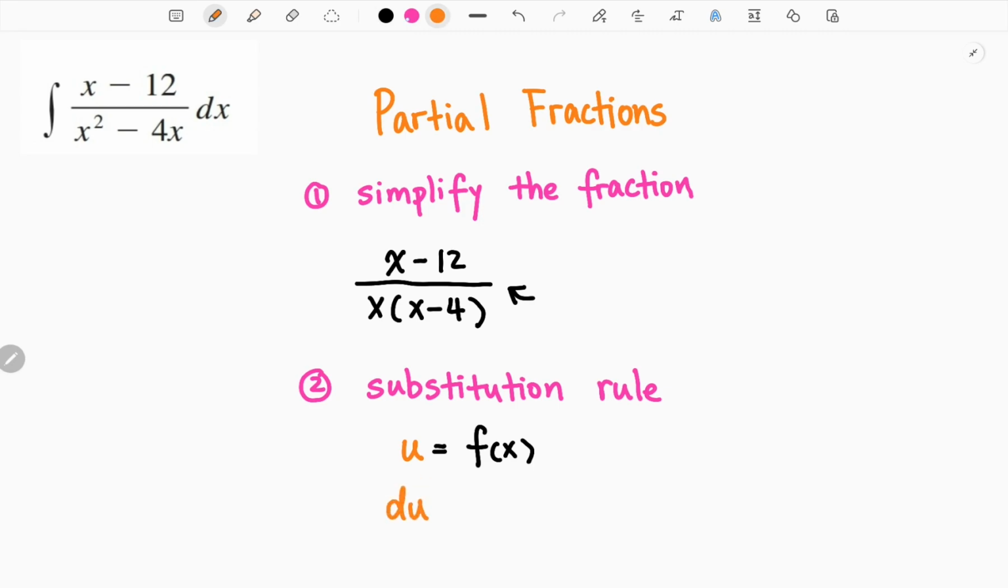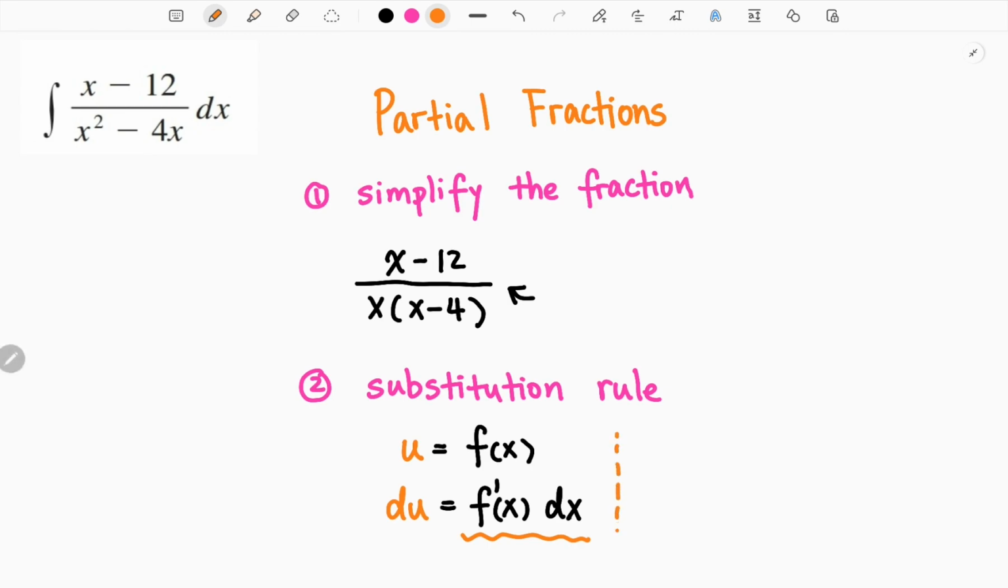And your du would be the derivative of f of x, times dx. To be able to use this rule, you have to have f prime of x dx inside your function so that you can substitute everything in terms of x to in terms of u.